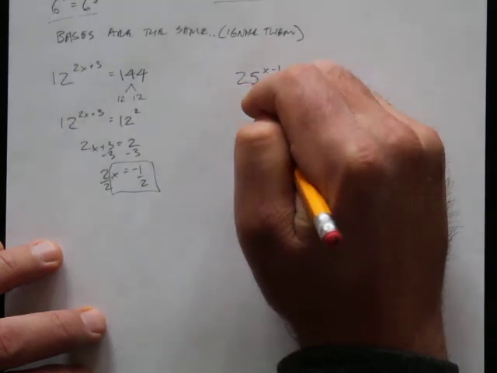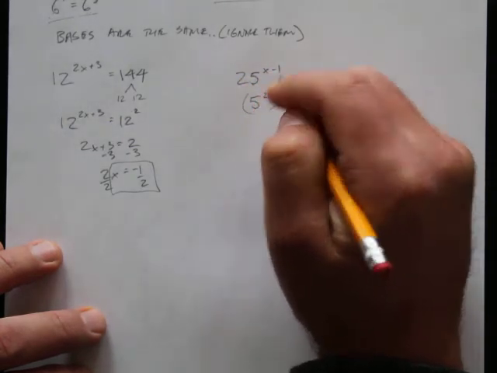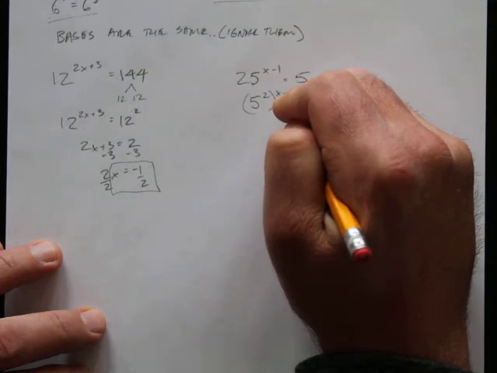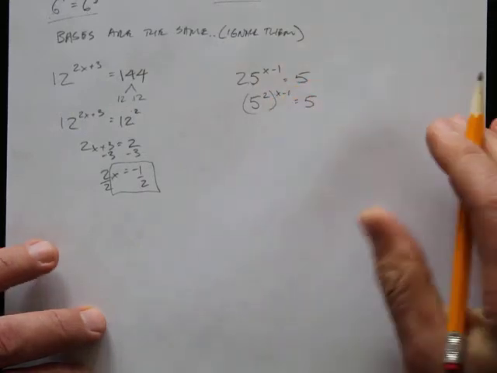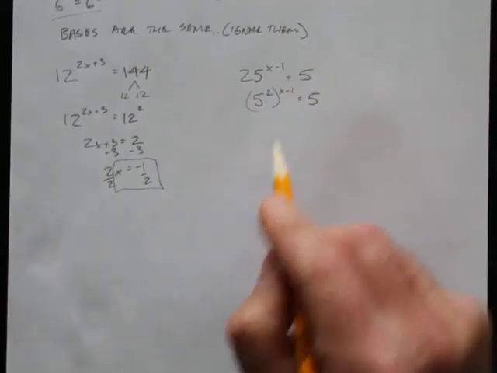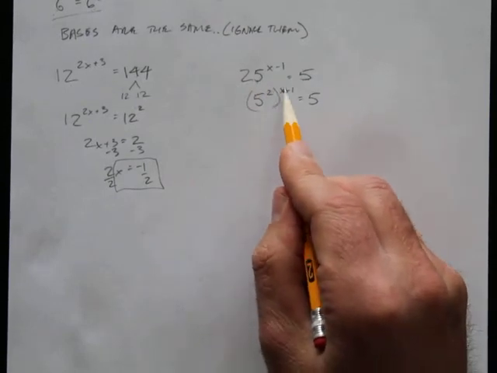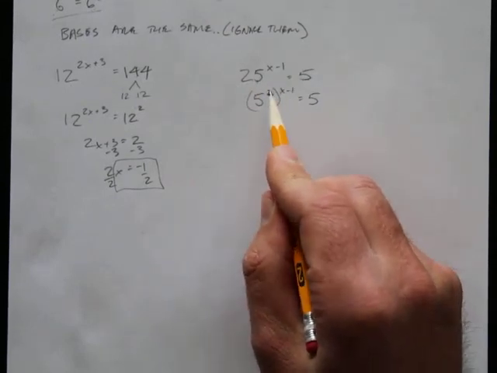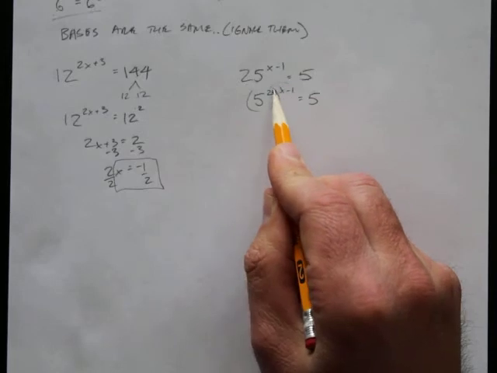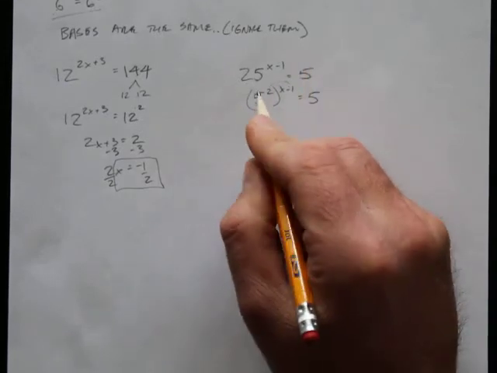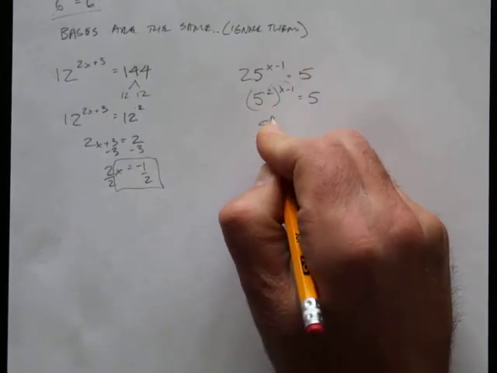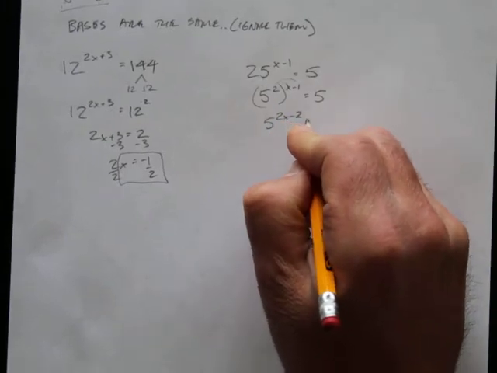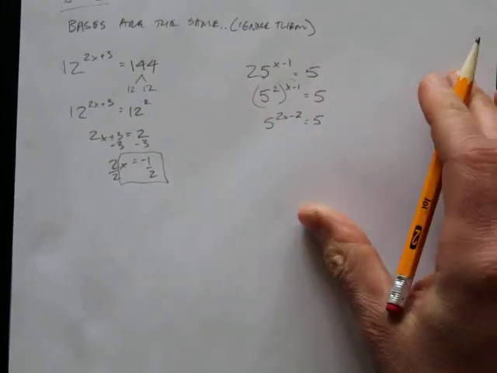So 5 squared to the power of x minus 1 equals 5. We know that when you raise a power to a power, you multiply the powers together. So I have 5 to the 2x minus 2 equals 5.